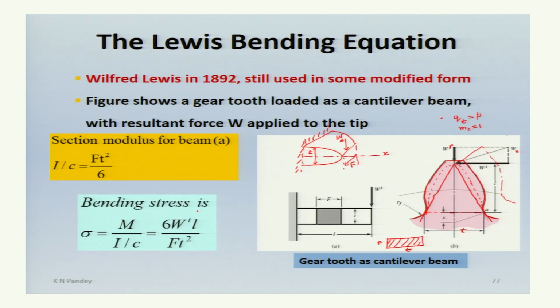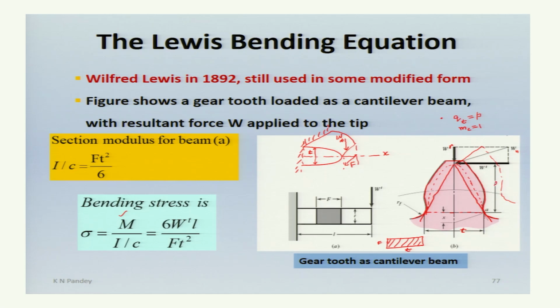So the bending stress will be given by the bending moment at this root, if it is M, and section modulus is I divided by C, then the bending stress at this root will be M divided by I/C. M is given by Wt multiplied by this bending arm.